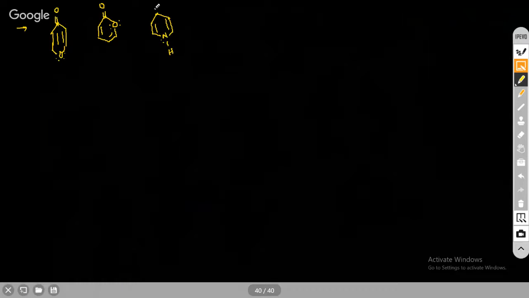One lone pair on nitrogen, double bond O.